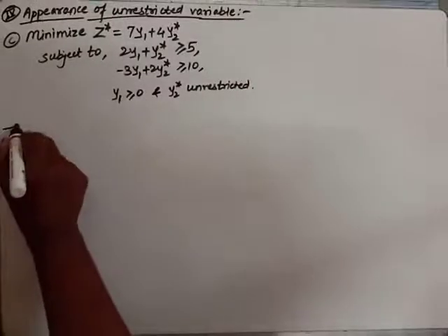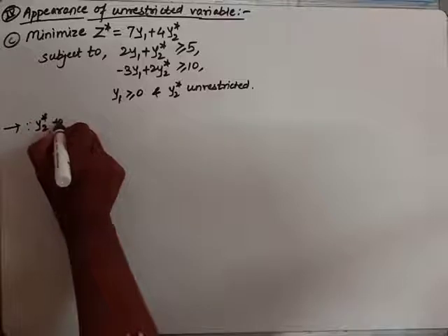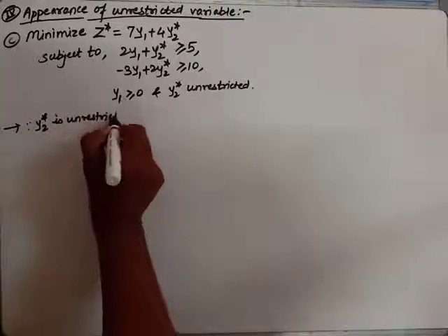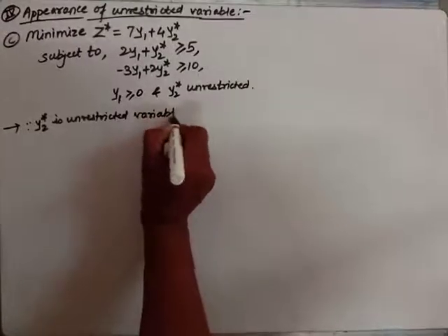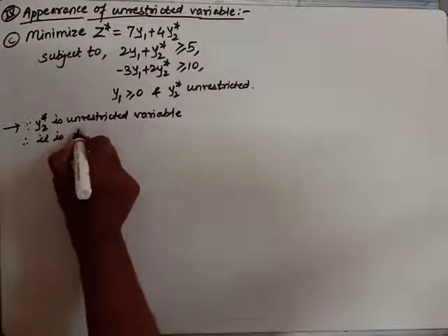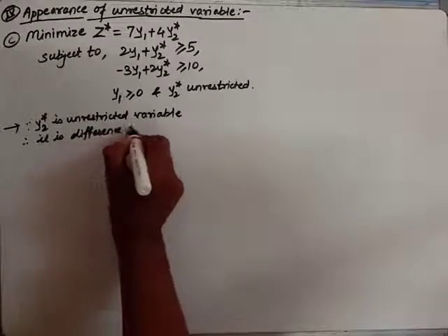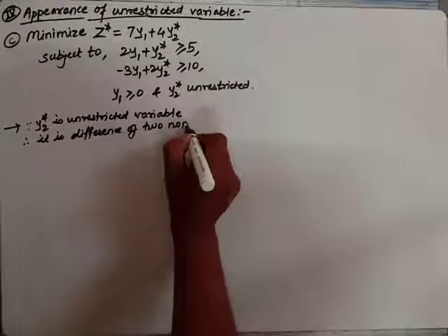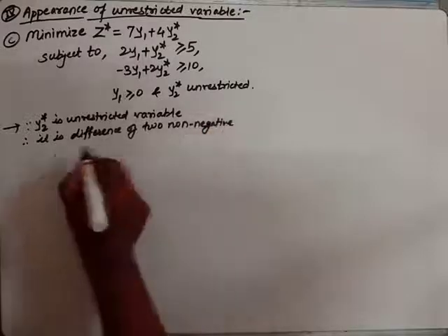So now here, since y2 star is unrestricted variable, therefore it is difference of two non-negative variables.